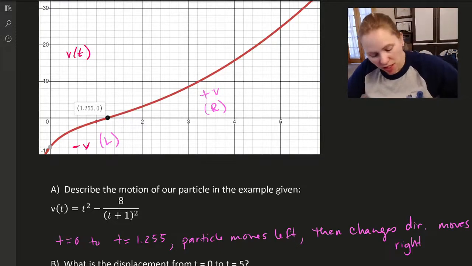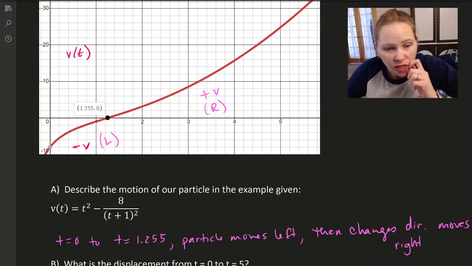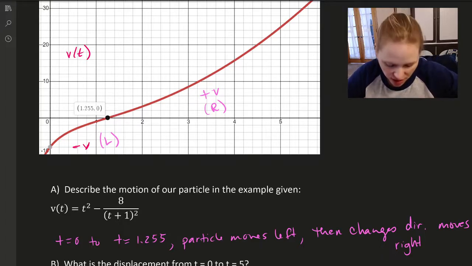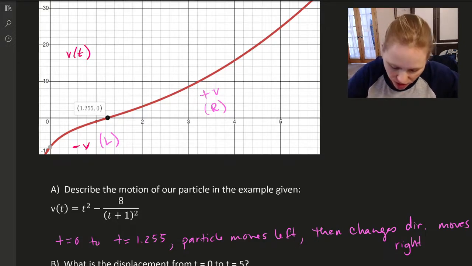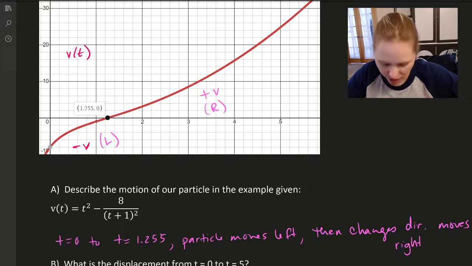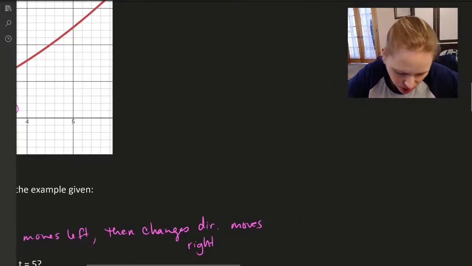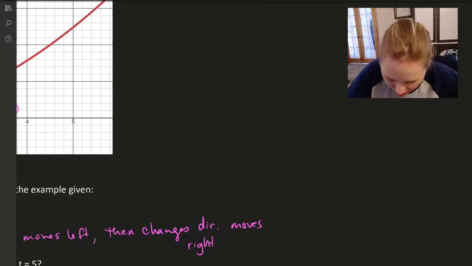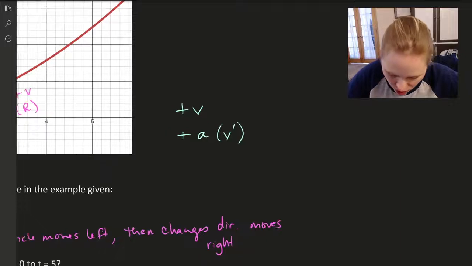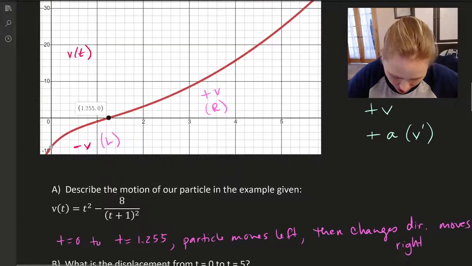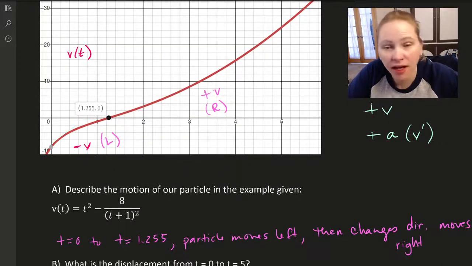The other thing that we can take a look at is, as we examine what's happening with the velocity, as it increases or decreases, we could talk about slowing down or speeding up. One of the things we look at on a graph is if I have positive velocity and positive acceleration, so that's v prime. Over here, I have positive acceleration the entire time.